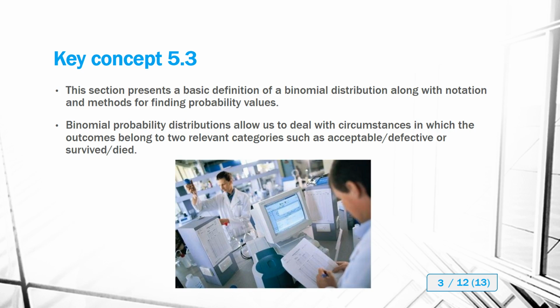So typically you're looking at, say, a quality control process where everything that comes off a line is either acceptable or defective. This could also be used in actuarial applications. People survive or they die, and you use this to develop a risk model that can then go into informing how you write an insurance contract.